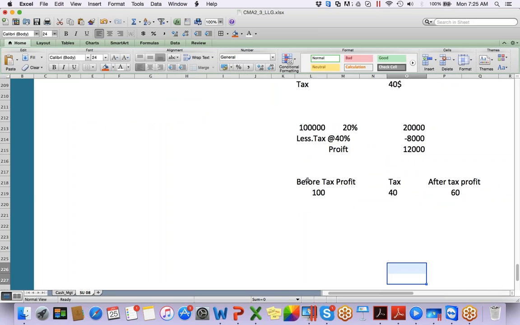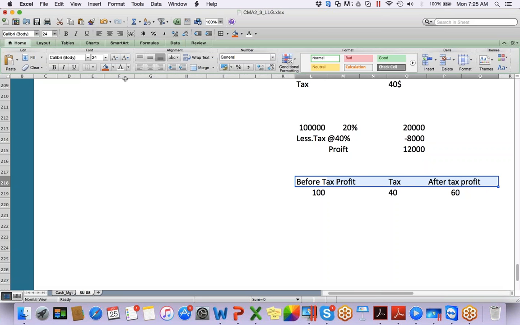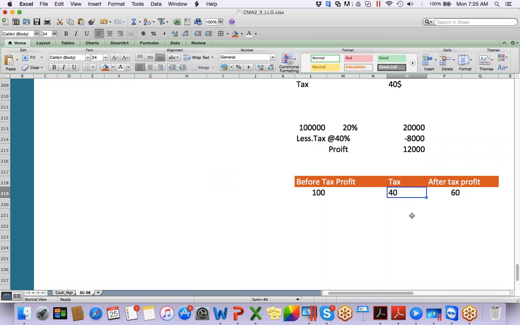So this concept you should understand, that if I earn an amount of $100, I will have $40 tax, and my after tax profit would be 60. If I want to earn an after tax profit of 20,000, what should be the profit I should earn here?